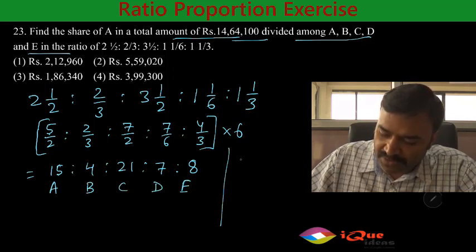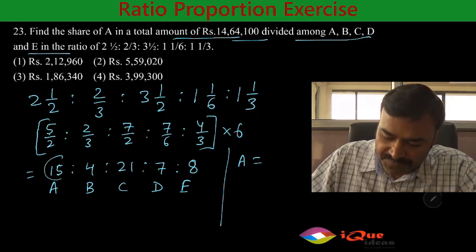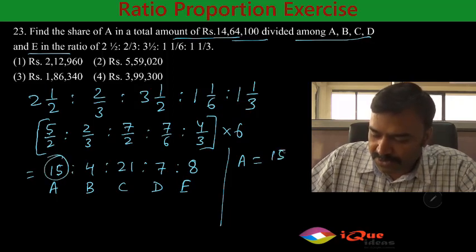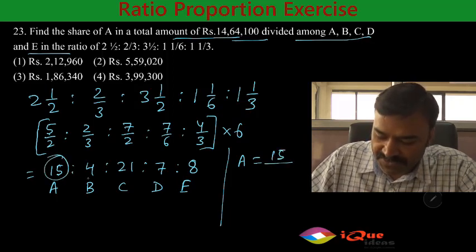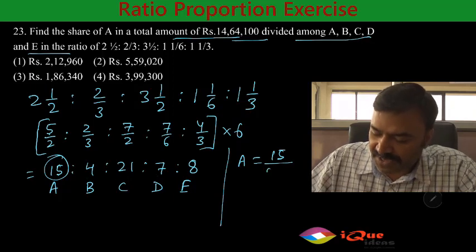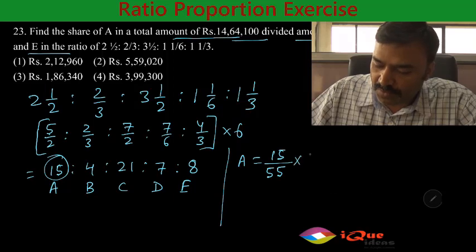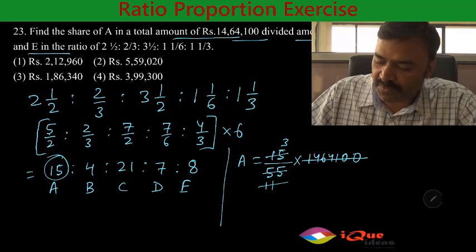From here, if I have to calculate the share of A, it will be equal to 15 divided by the total addition. If you add 15 plus 4 is 19 plus 21 is 40 plus 7 is 47 plus 8, 55, into 1464100. Now 5 cancels 15 3 times, 5 cancels 55 11 times, and 11 cancels 14641 1331 times.